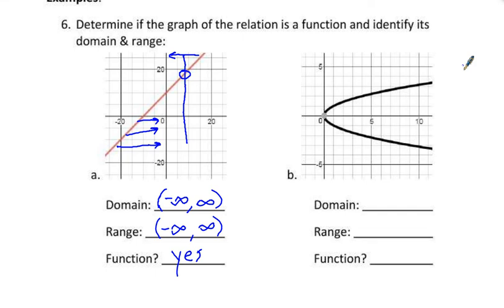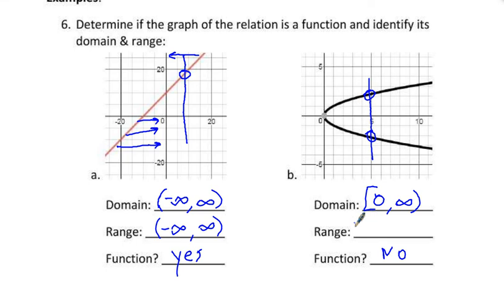Looking at example 6b, we see this sideways parabola and we draw a vertical line through it. It crosses more than one time, so this relation is not a function. The domain, however, starts at 0 and goes to the right, or positive values here. So from 0, which is included, to positive infinity would be the domain.